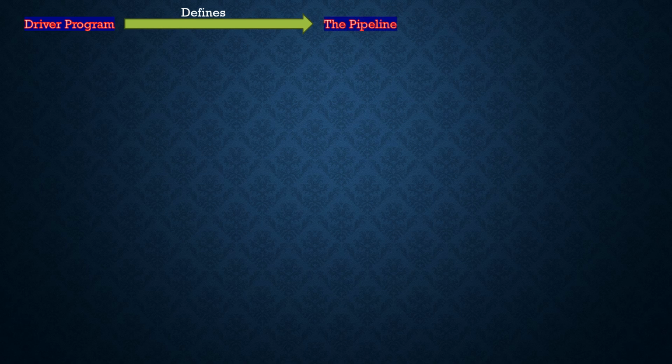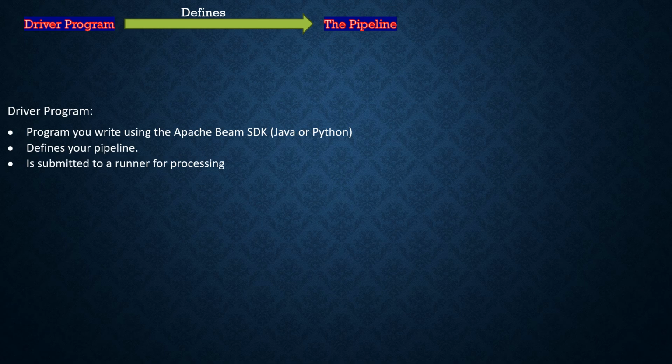Let's now get into a very, very broad, basic overview of what's going on behind the scenes. First, you have your driver program. Now, this is a program that you write using Apache Beam SDK in either Java or Python. This defines your pipeline. It is submitted to a runner for processing. Your pipeline refers to a full set of transformations your data undergoes.